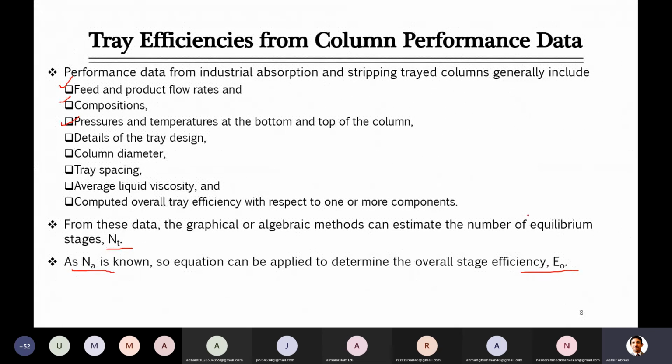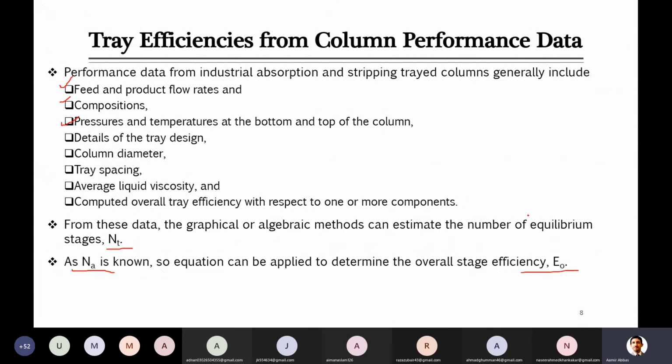Let's say it is performing the separation of, for example, the example we have already calculated, the removal of ethanol from a CO2 stream using water.